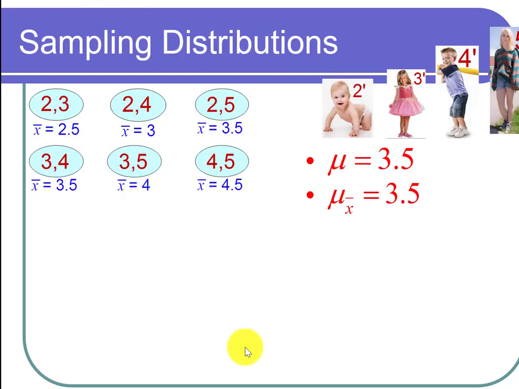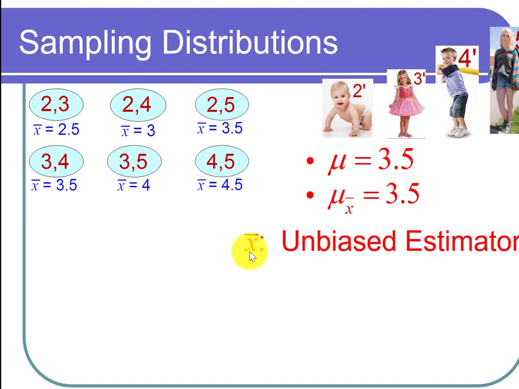So now let's look at this again. We can look at this sampling distribution and realize that our mu was 3.5, mu sub x bar was also 3.5. That works, that's a good thing. And when the mean of all the statistics that you could take is equal to the population parameter, we're going to call that an unbiased estimator.